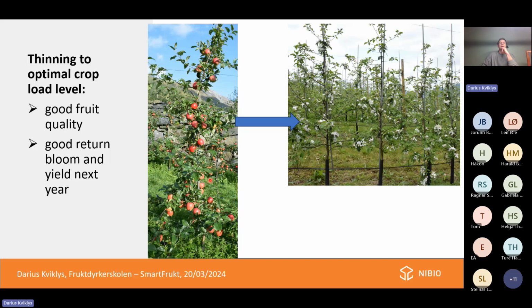If we were keeping higher crop load and thinning later, during the first harvest time we picked around 50-60% of red fruits and even less of Eden fruits. And if we keep optimal crop load, we are getting high quality fruits and also good return bloom the next year.